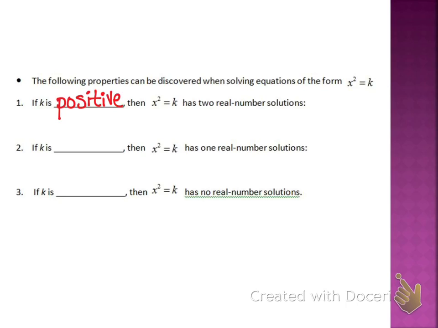What those solutions would be are plus and minus the square root of k. So x would equal the square root of k, or x would equal the negative square root of k.